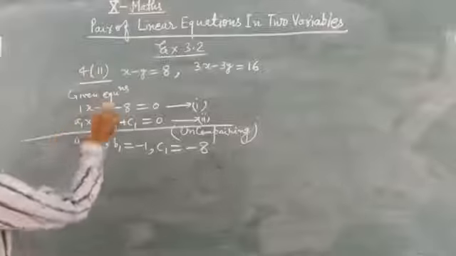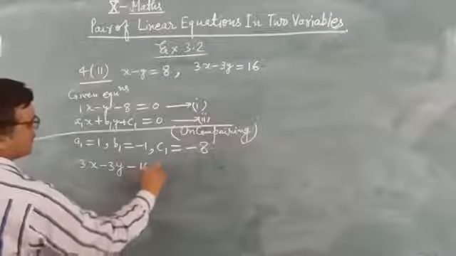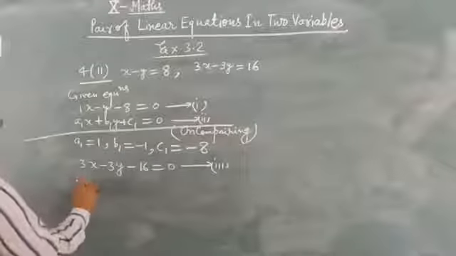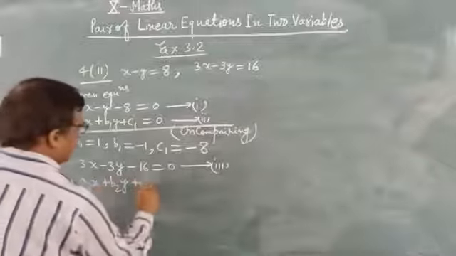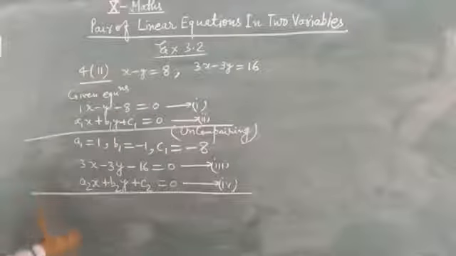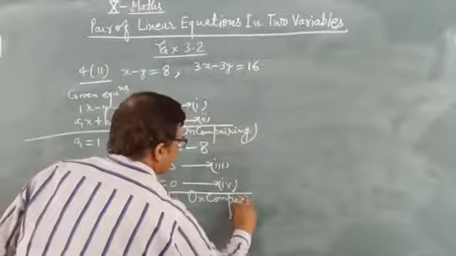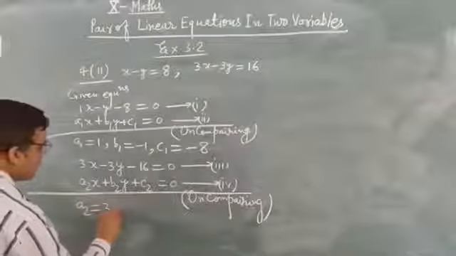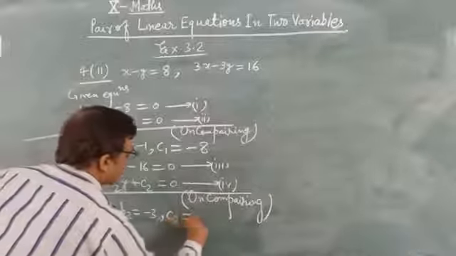Now the second linear equation in two variables is 3x minus 3y minus 16 equal to 0. Comparing this equation with the general form a2x plus b2y plus c2 equal to 0, we have a2 equal to 3, b2 equal to minus 3 and c2 equal to minus 16.